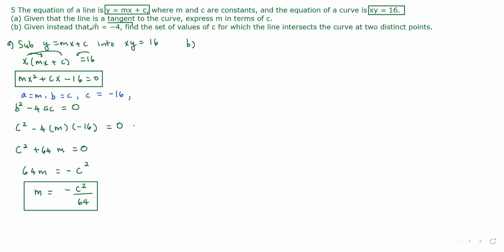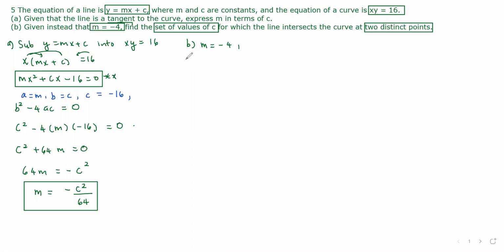Part B. Given instead that m is negative 4, find the set of values of c for which the line intersects the curve at two distinct points. When m is negative 4, we replace m with negative 4 in that equation.